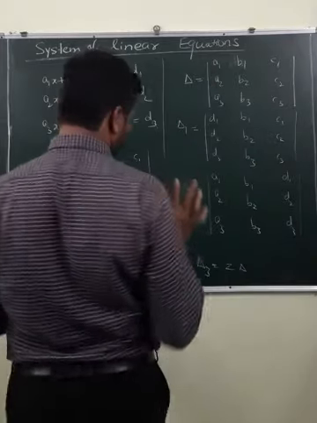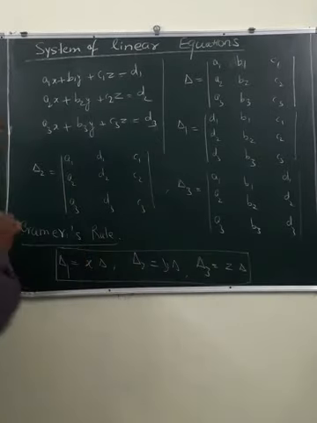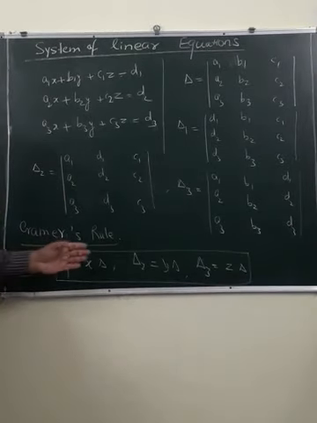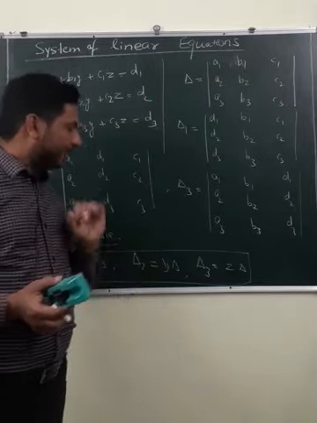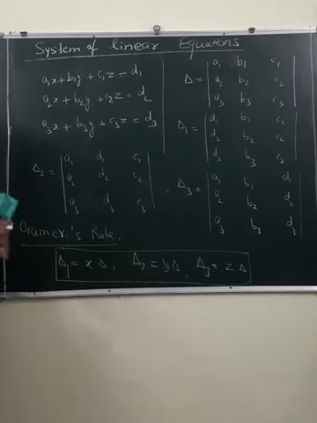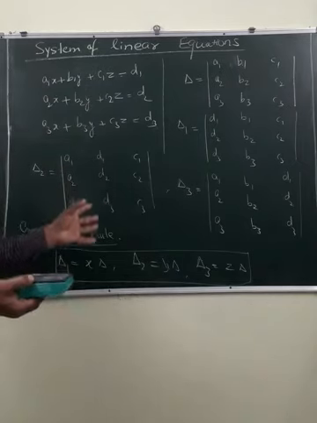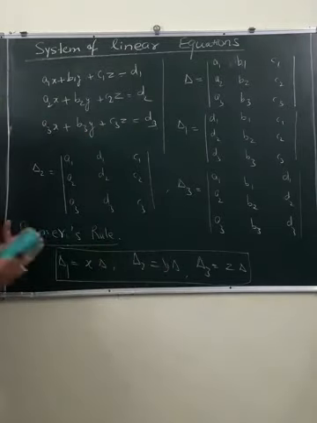So this is Cramer's rule, and this is the correct form of Cramer's rule. In books you will find x is equal to delta 1 by delta, y is equal to delta 2 by delta, and z is equal to delta 3 by delta. If we write it like this, then in many things which we are going to cover next, you will face problems.